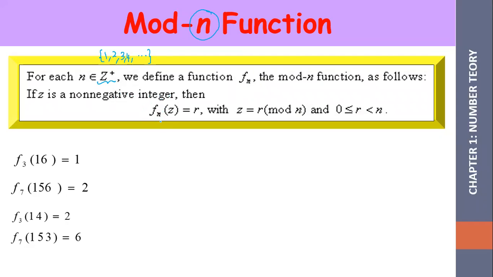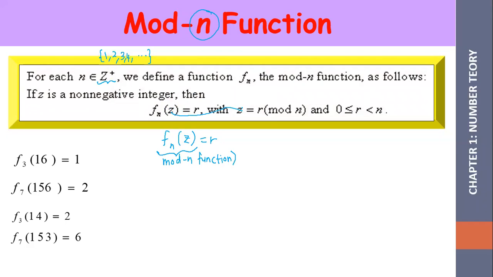The mod n function is f_n(z) equal to r. What is this? This is the mod n function. F stands for function. What is z?